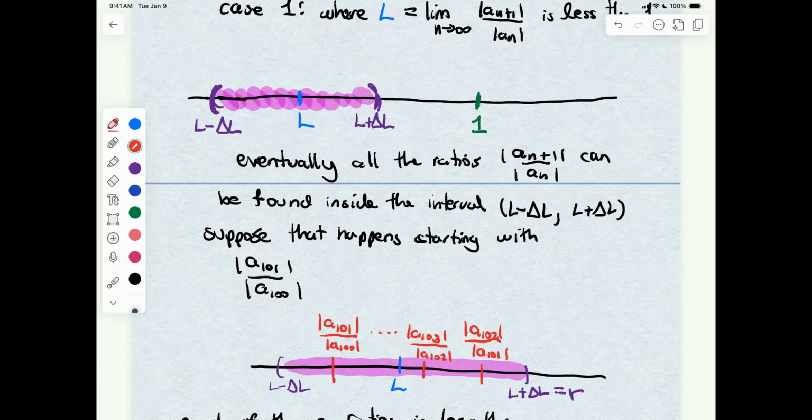And it doesn't matter how big that safe zone is, but I'm just calling where this safe zone terminates R. The ratios are less than R, but they are also less than another number greater than R, if that makes sense. I just need them to be less than R.